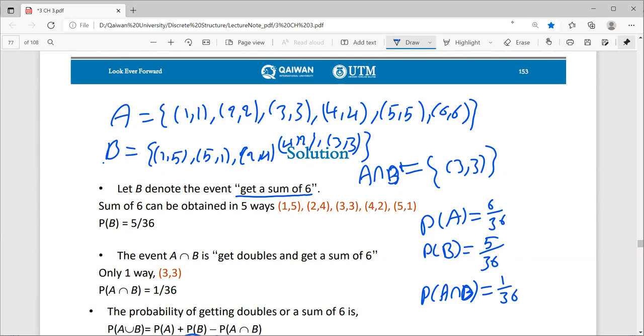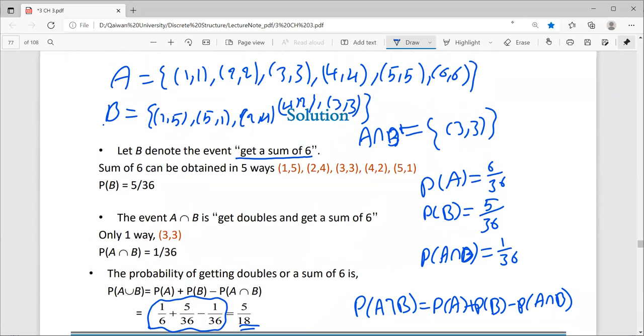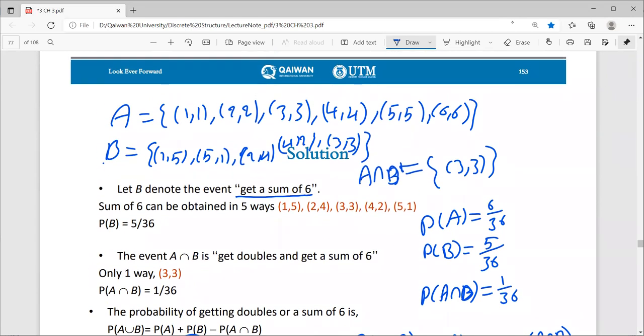Just put these values into the rule. The rule is probability of A or B equals probability of A plus probability of B minus probability of A intersection B. Just try to identify what's A, what's B, and what's their intersection. If there is anything common between them, it's in their intersection.